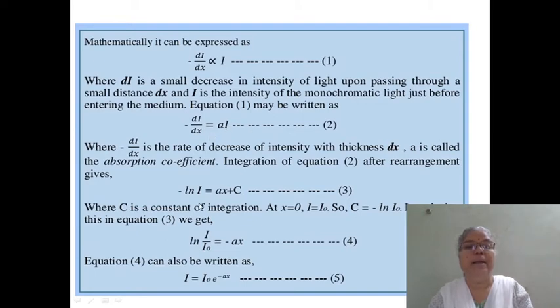and we get the integration as minus ln I, where ln is the natural log to the base e, equal to the proportionality constant times the integration of dx, which is x, plus c, where c is the constant of integration.